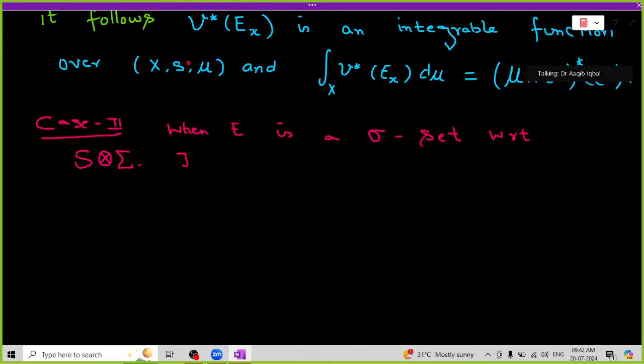Then तो फिर क्या होगा? Now that it's a sigma set, so you can write this E as a countable union of pairwise disjoint semi-ring members. यही लिख रहा हूँ.